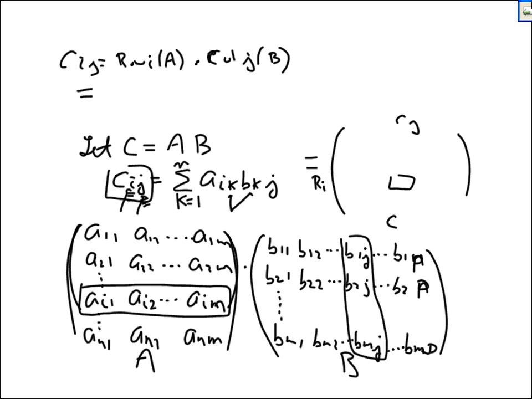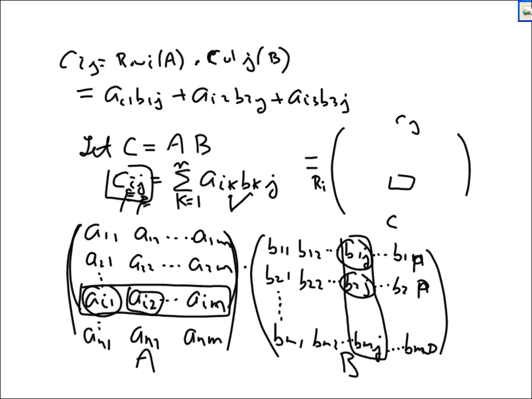Now let's see what it is. We multiply the first entries, A_i1 B_1j, plus we multiply the second entries, A_i2 B_2j, and we multiply the third entries, A_i3 B_3j, all the way down to the last entries, A_im B_mj.